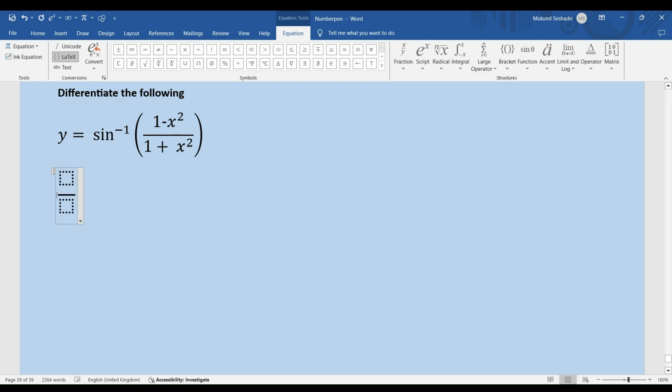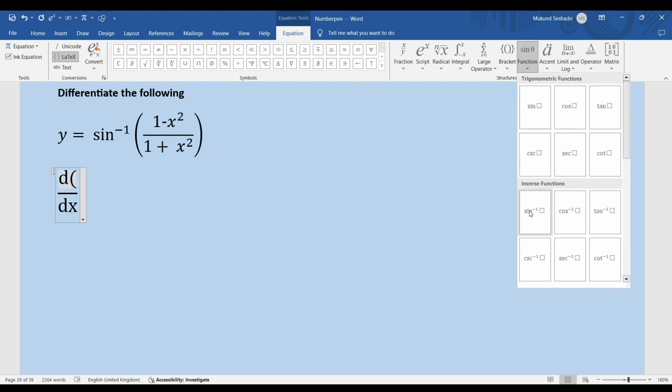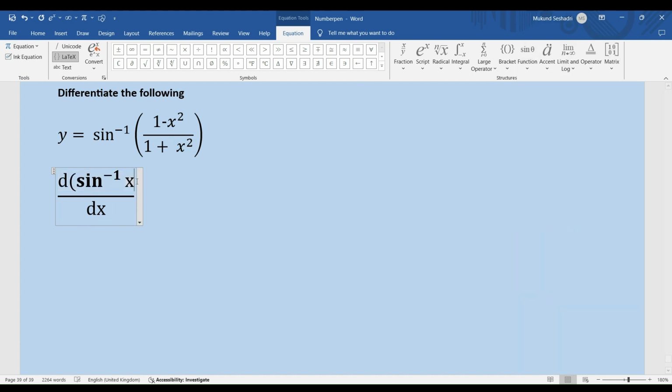dy/dx of sine inverse of x is nothing but 1 divided by root of 1 minus x squared, right?